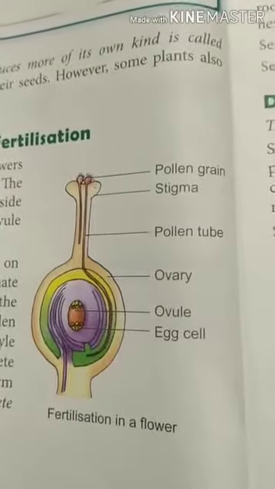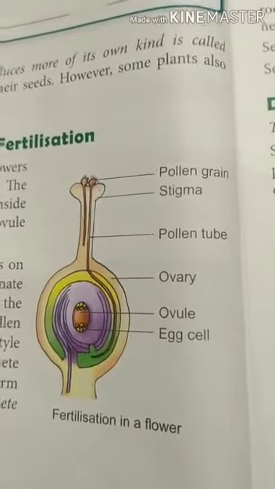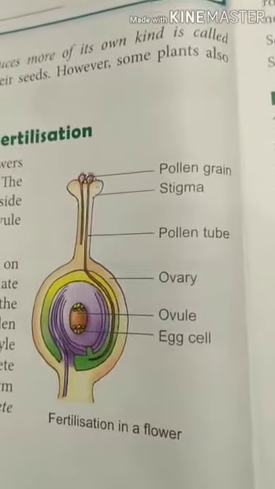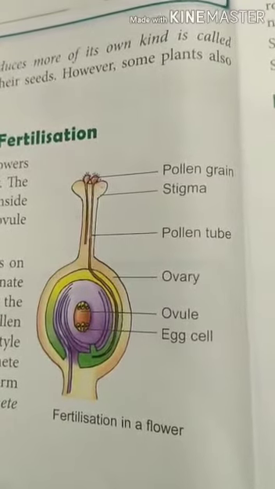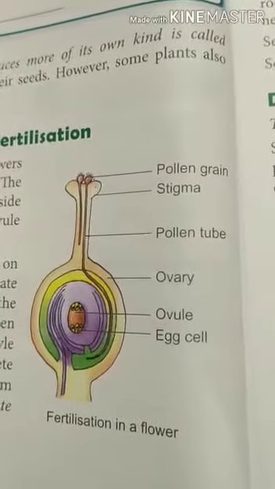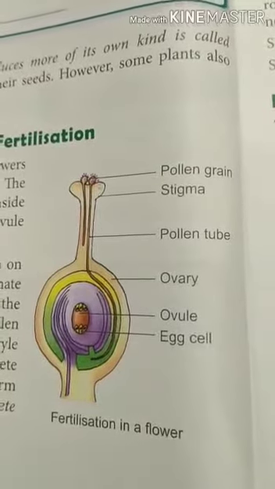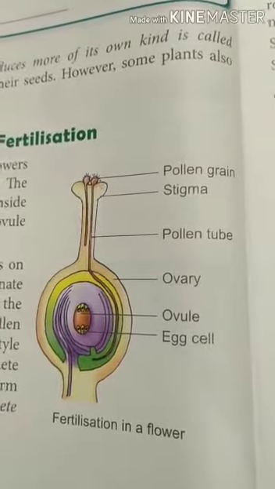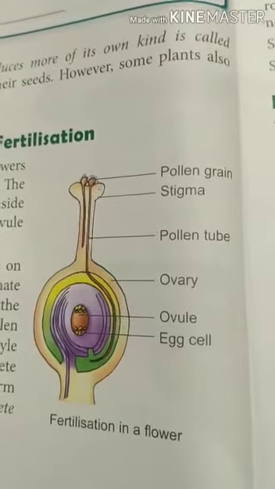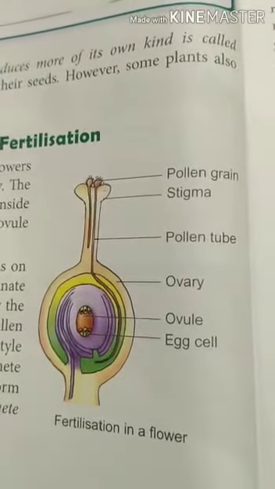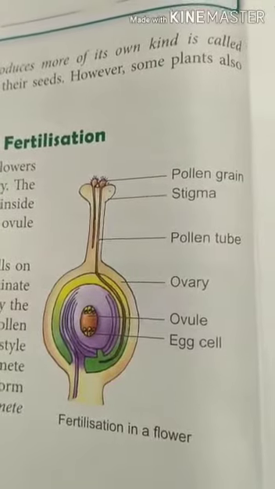After fertilization, all parts of the flower except the ovary fall off. The zygote develops into an embryo. The embryo further forms a baby plant. The ovary develops into fruit and the ovule becomes a seed.